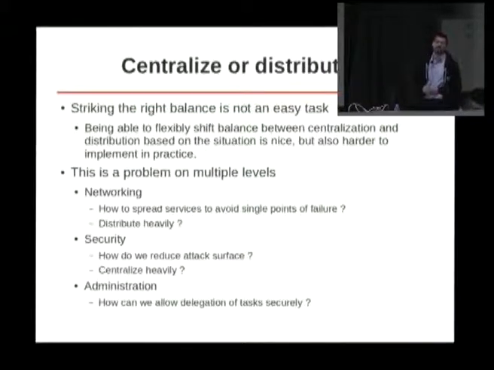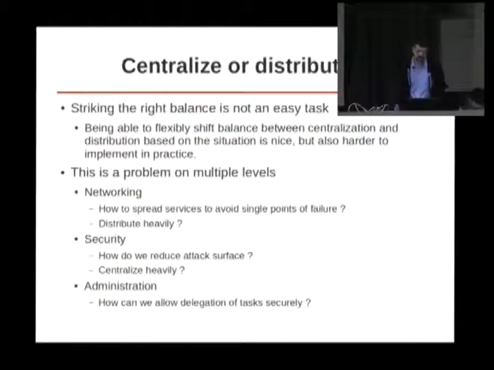You would like to have services widespread so that if one goes down, another can take over easily. But distributing information is also in itself a difficult problem. So how do you decide what is the right balance there?